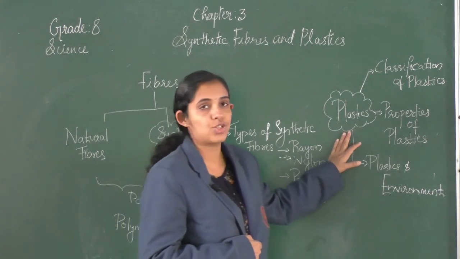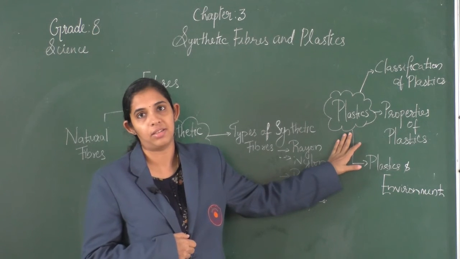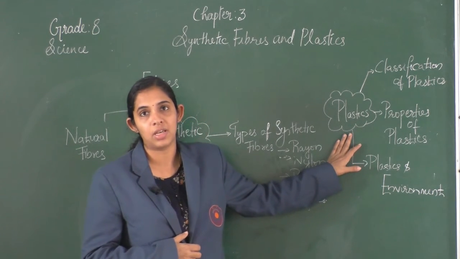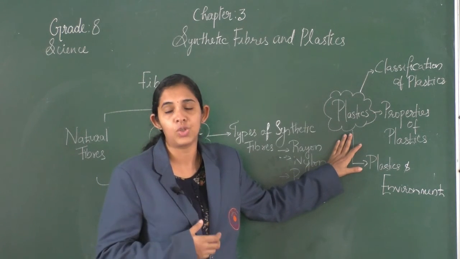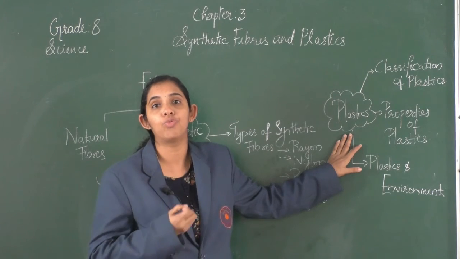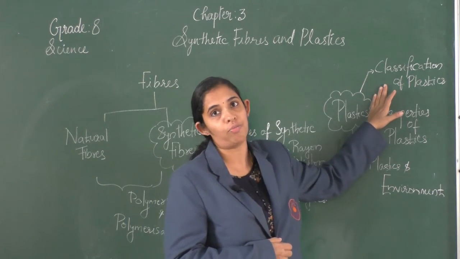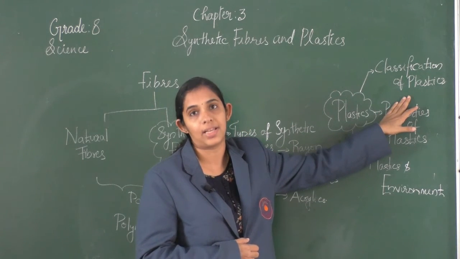And in the second section, we have seen about plastics. What are plastics? Plastics are also synthetic materials which can be molded or recycled into any shape, or they can be drawn into fine wires. Depending upon the physical properties of plastics, we have seen how they are classified.